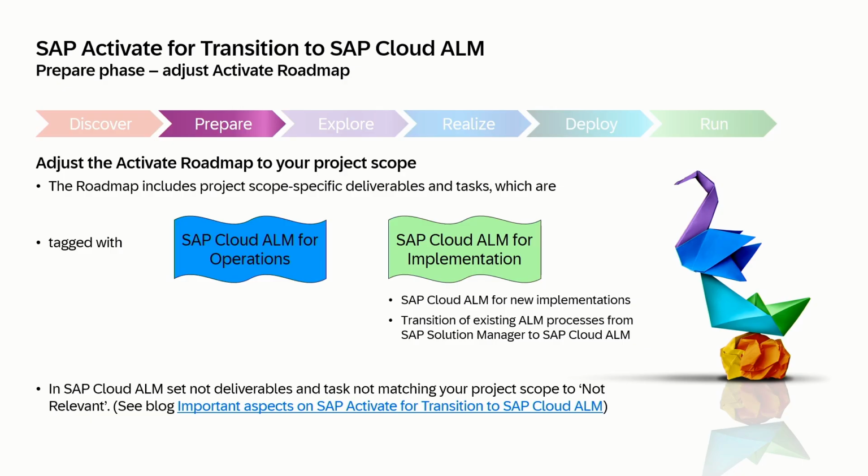When I say put them on not relevant, I assume that you're also using SAP Cloud ALM to manage the roadmap. But if you want to import it to another tool, you could probably also scope the tasks of the Activate roadmap. There's also a blog describing how to do that.